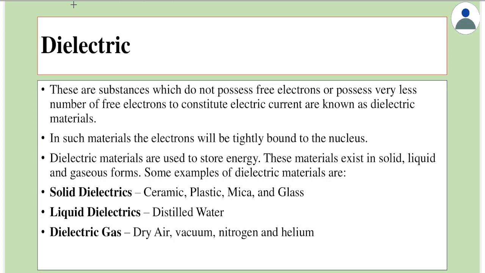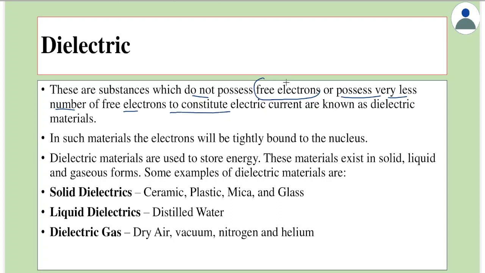Let's study about dielectrics. These are substances which do not possess free electrons or possess very few free electrons to constitute an electric current.